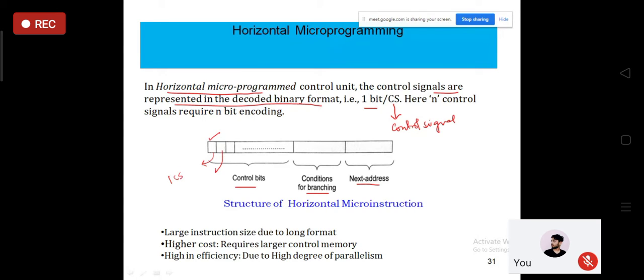This bit is responsible for the second control signal. This bit is responsible for the third control signal. So if you want to activate, suppose 100 control signals, so how many bits do you have to put here? 100 bits. Yes. Exactly, 100 bits. So for one control signal, you have to put 1 bit. For second control, third control.